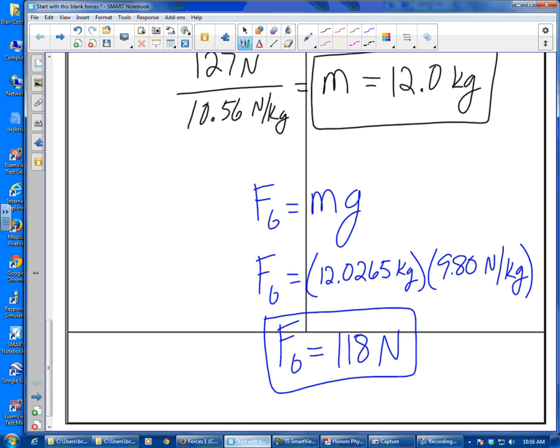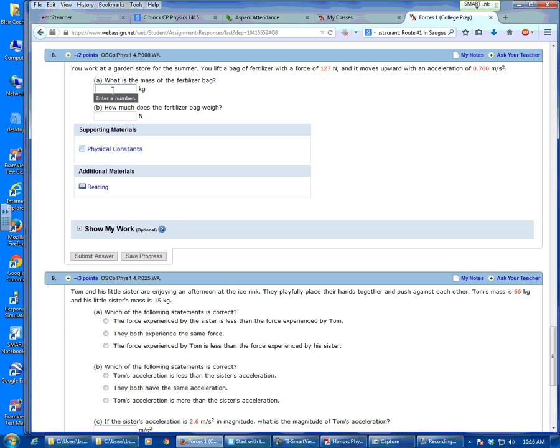Hopefully those are correct. Let's see. 12 kilograms and 118 newtons. And they are.